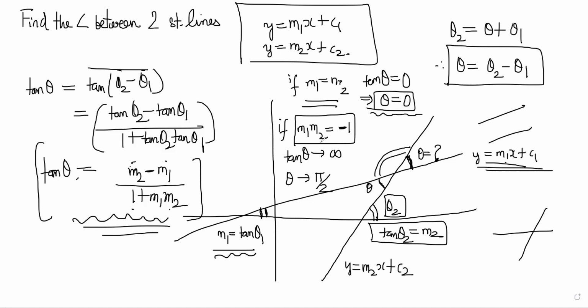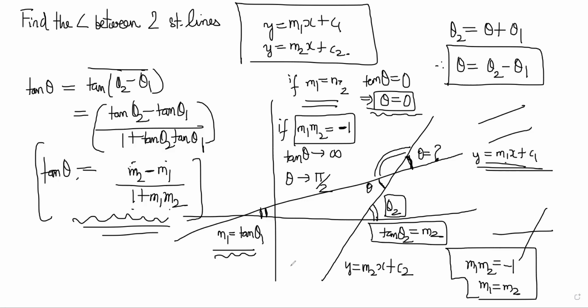So if the angle between the straight lines is 90 degrees, then m1 m2 should be equal to minus 1. So we are getting the conditions for parallel and perpendicular lines. Perpendicular line condition is m1 m2 equals minus 1. Parallel line condition is m1 equals m2. These two things are very important.